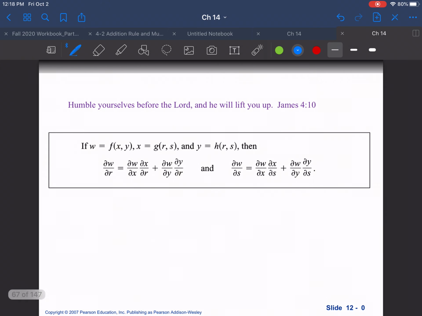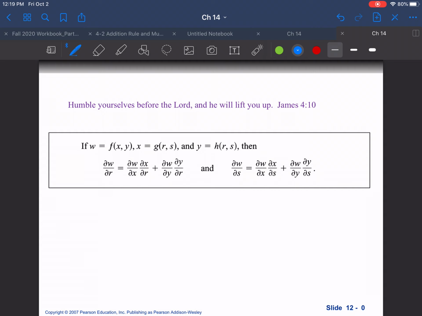Here, you can see we can do the same sort of thing where we have a function of x and y, but x and y are also still functions of r and s. So, a function of x and y, and then x is a function of r and s, and y is a function of r and s. This is kind of like the previous version we did with all three.